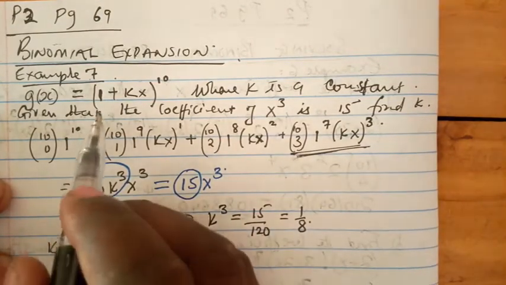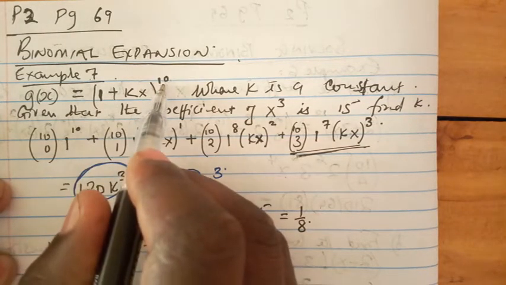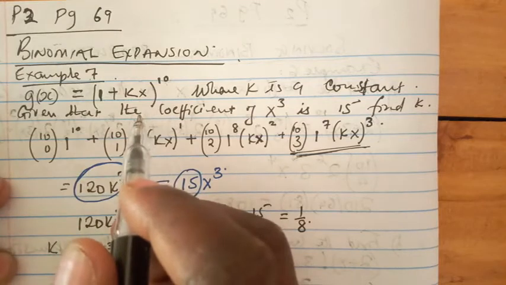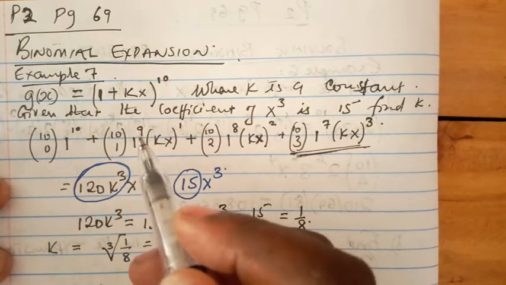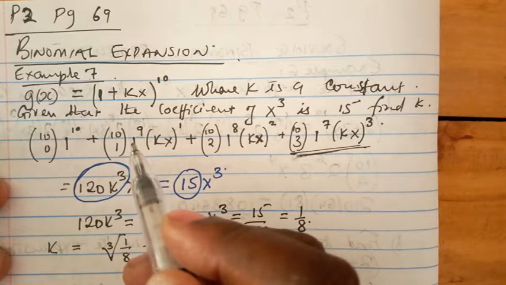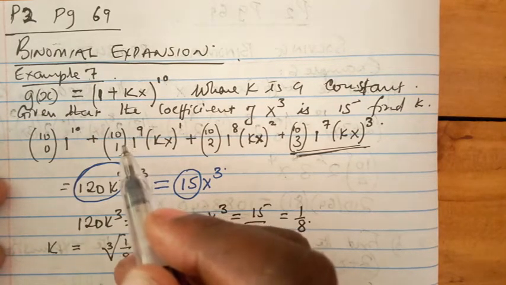One thing we should know is that we need to expand this, and the value of n is 10. Normally, what we have learned, we have been using Pascal's triangle. This time round, we have learned how to use the factorial method.